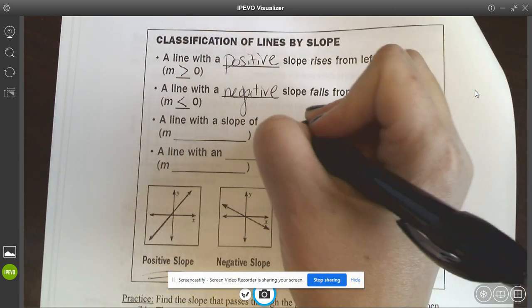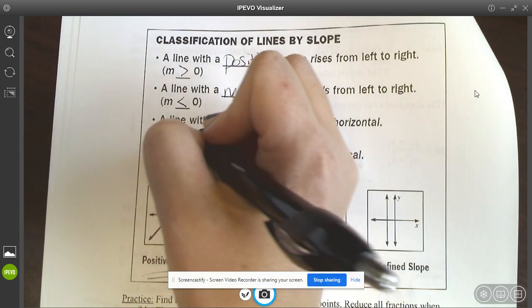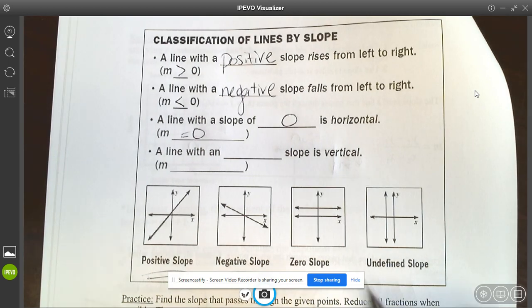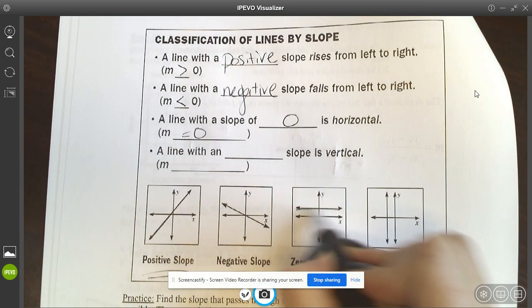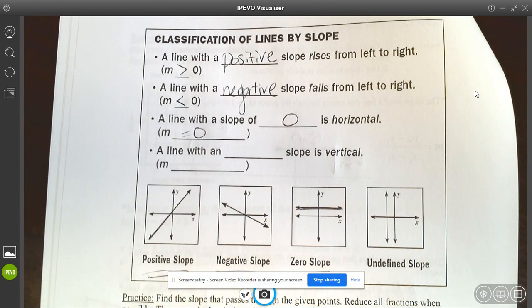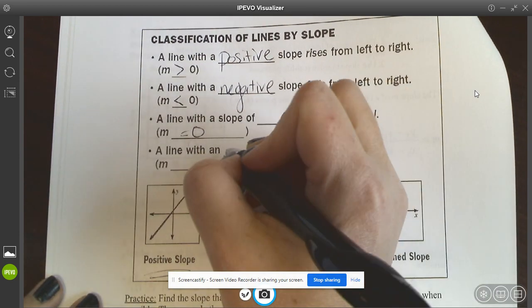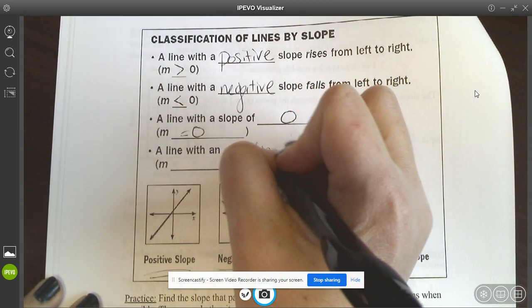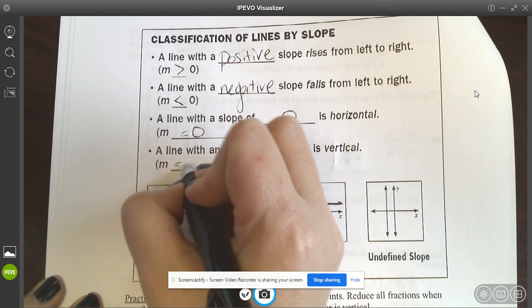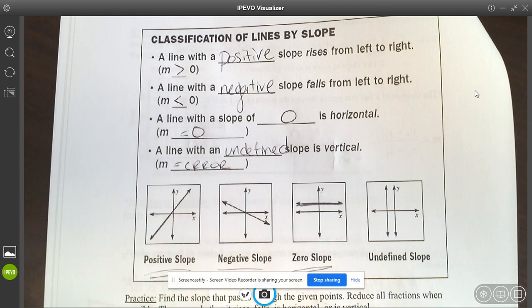If you have a slope of 0, which means your slope equals 0, you have a horizontal line, so a flat line. Think of like an incline. If you were walking on a treadmill, it would have an incline of 0 if it was flat. And then if you have an undefined slope, which is when your calculator says error at you, if you type it in, it says error.